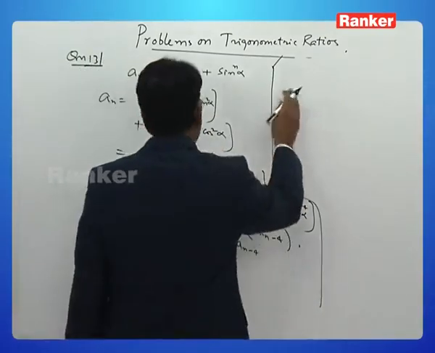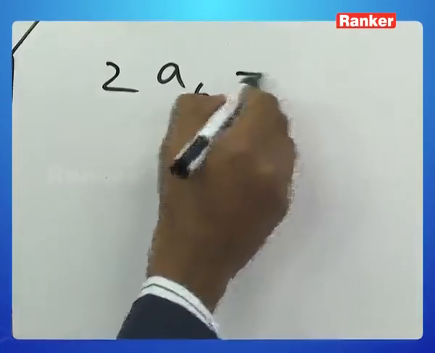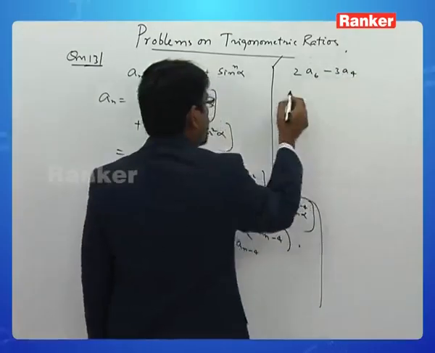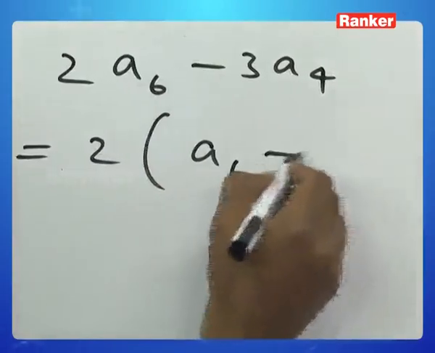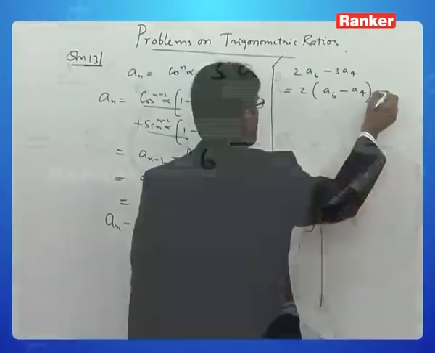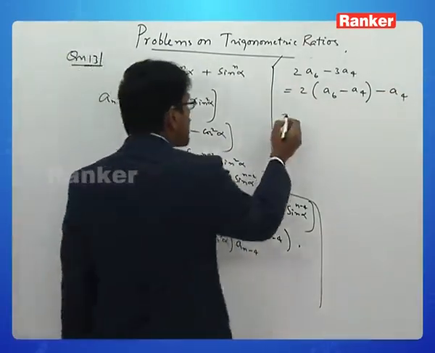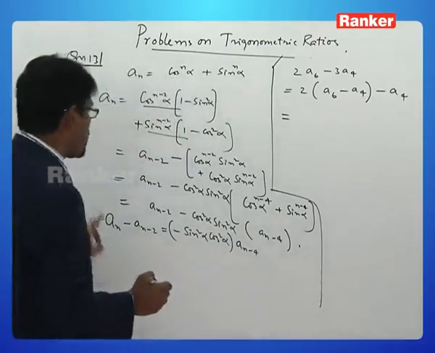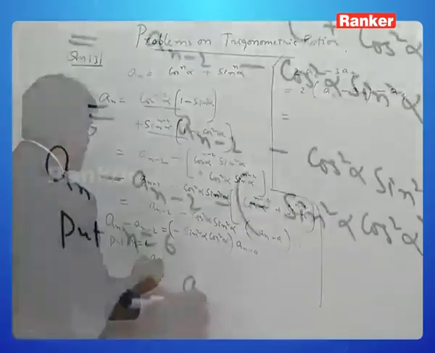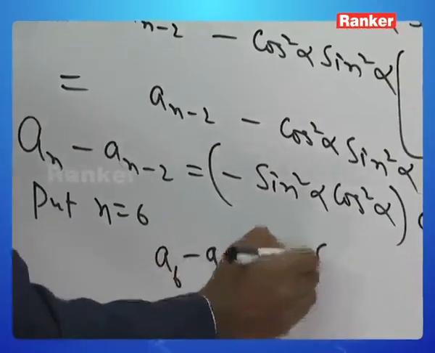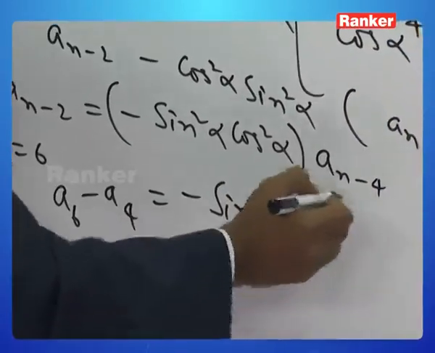So what we do is, we will go for 2a6 minus 3a4. I am going to write this as 2 into a6 minus a4 minus a4. But what is a6 minus a4? Put n equal to 6 here. What is a6 minus a4? That's going to be minus sin square alpha cos square alpha into a2.